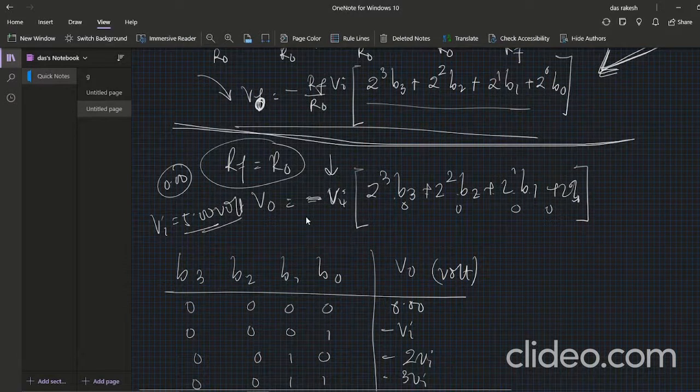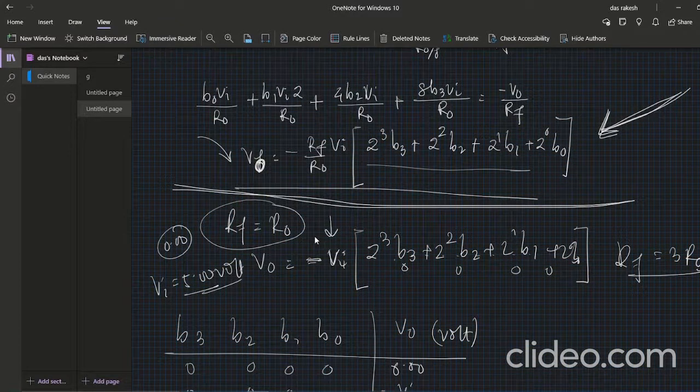are the suggestions? Now the suggestion is that this RF is not equal to R0. For mathematical simplicity, we take here RF equal to R0, but in practical sense, this RF should be 3 times of R0. So now what is the change in the formula? The change is that here RF by R0.